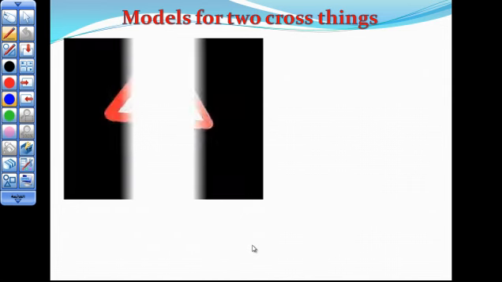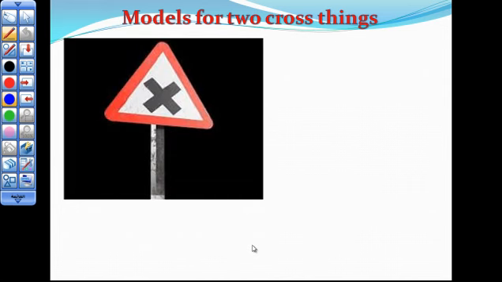Here, what is this? What does it represent? Could you tell me? Yeah, I know that, mister. This symbol means you are going to find two crossways, like when your dad drives his car.